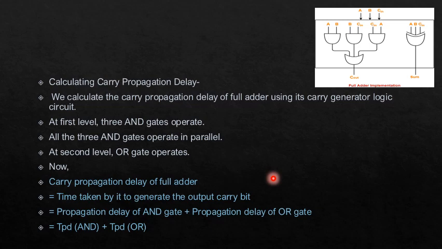At the first level, 3 AND gates operate in parallel, so we consider the propagation delay of only one AND gate. At the second level, an OR gate operates. The carry propagation delay of the full adder is the time taken to generate the output carry bit, which is TPD AND plus TPD OR.